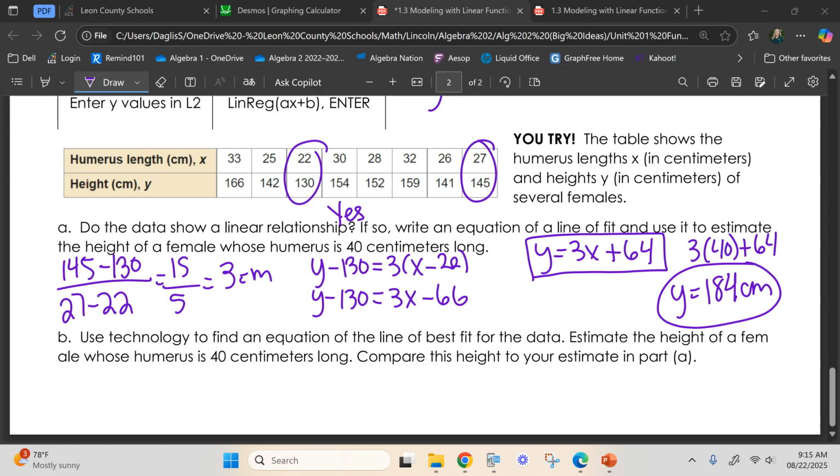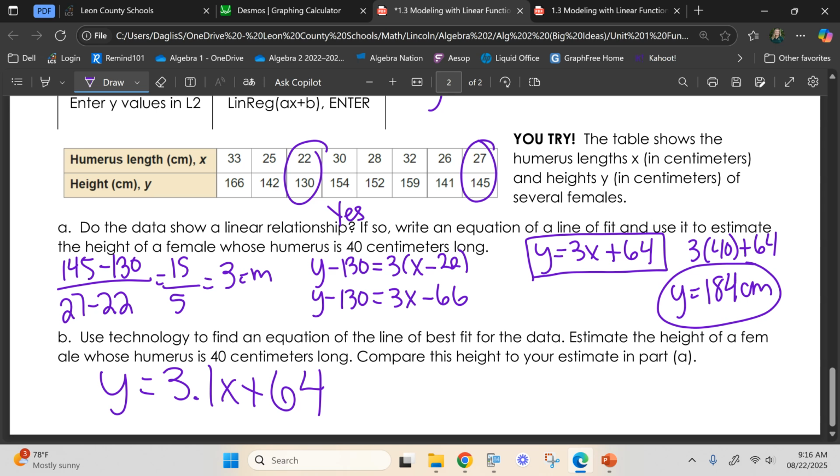Y equals, okay, 3.1x plus 64. So we were pretty close, right? It wasn't the same, but it was very, very close.